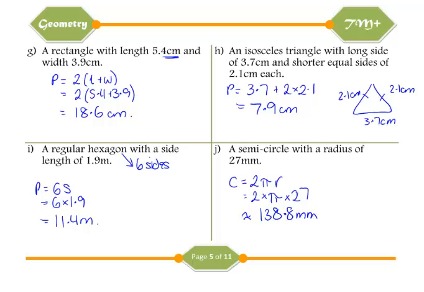Now, remembering, I have a semicircle here where this is 27 millimetres. So far I've just gone around here. I also need this length here. So my perimeter is approximately 138.8 plus 2 lots of 27. So that gives me approximately, and I've stuffed up.